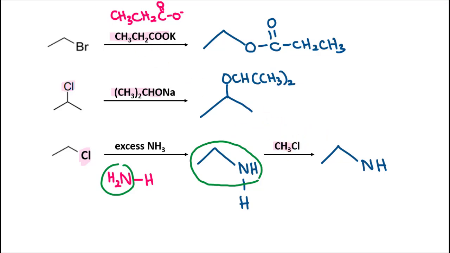Then this nitrogen will attach to the CH3 group. So now we will get the secondary amine. This is a primary amine and this is the secondary amine. And since we still have hydrogen on the nitrogen, we can further react with the haloalkane to get a tertiary amine.